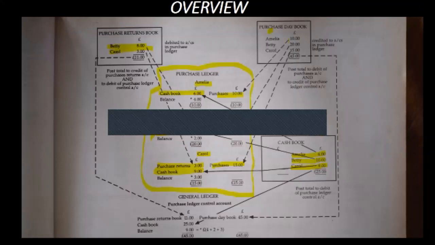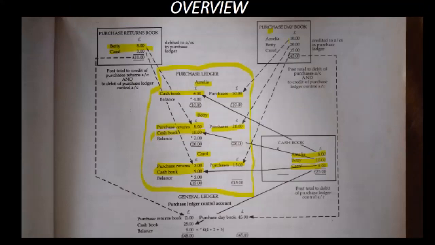Right, so the totals would go to the purchases ledger control account. All right, so we take the total 45 purchases.